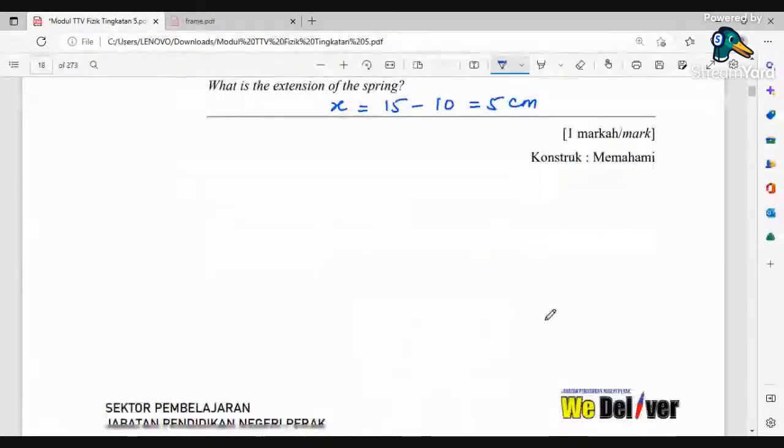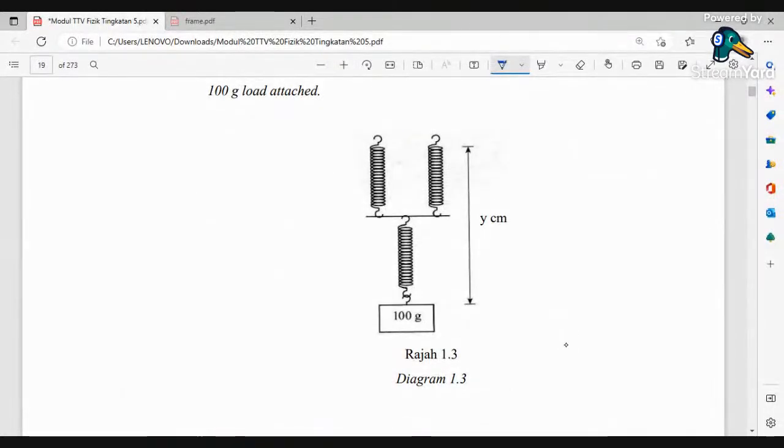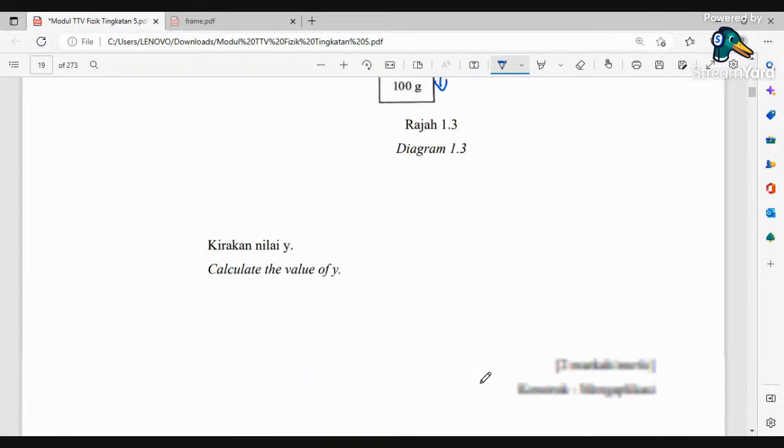For this arrangement, this part is in series, so the extension for this part is 5 cm. The parallel part shares the load, and the springs divide the load equally, so the extension also becomes half. So it's 5 divided by 2 equals 2.5. Thus the total extension X equals 5 plus 2.5, which is 7.5 cm.